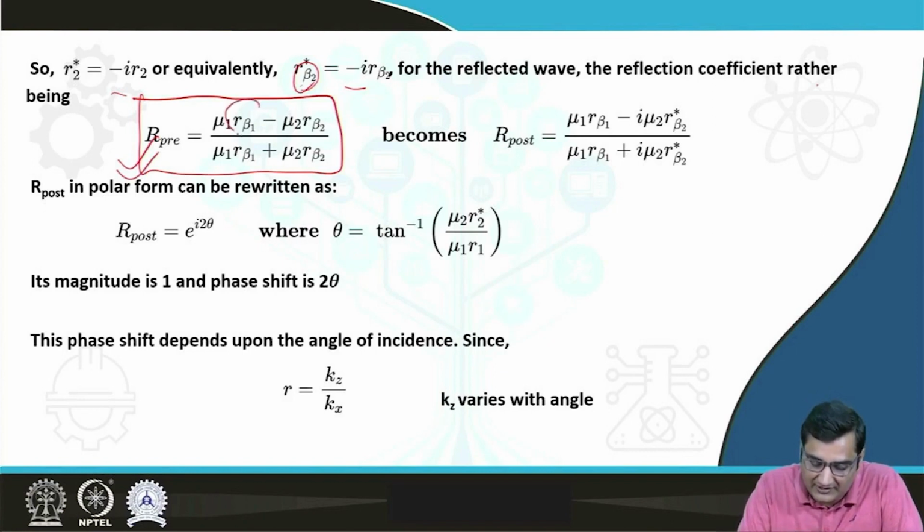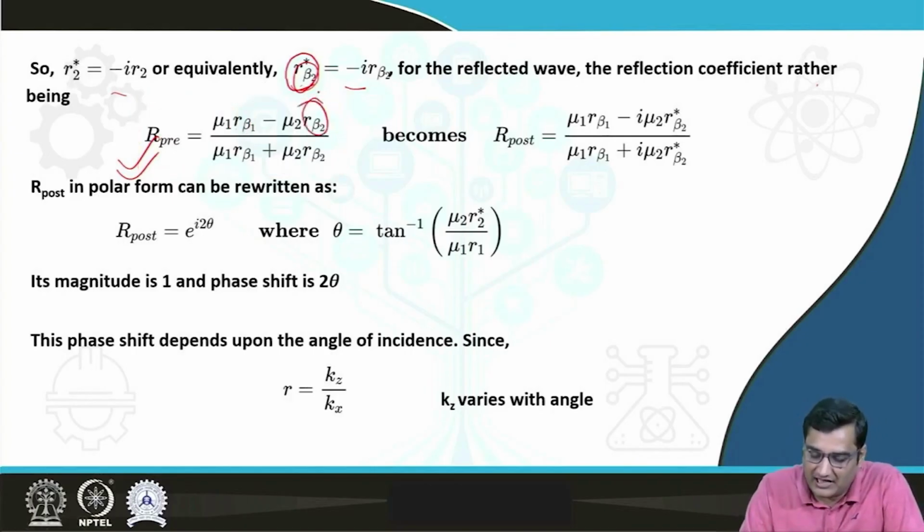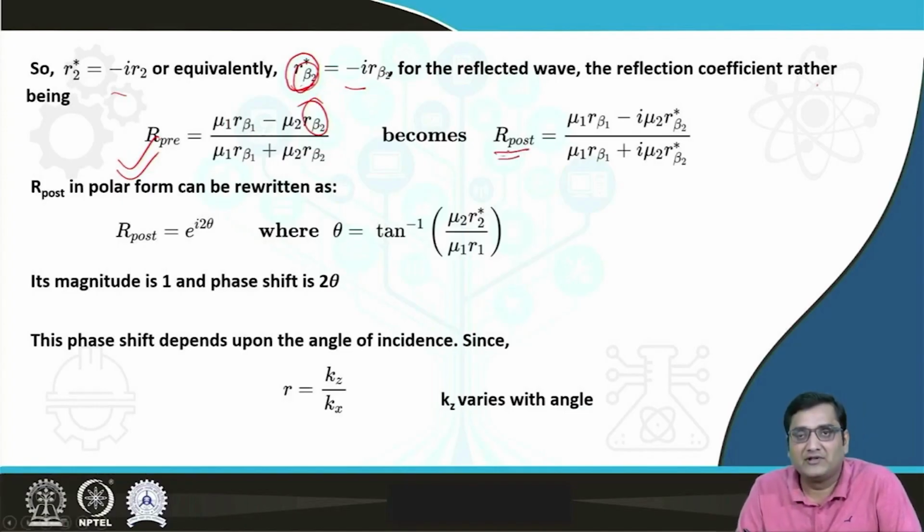So R beta 2 can be replaced with R beta 2 star. So for the post critical waves, the reflection coefficient will have this expression, right?